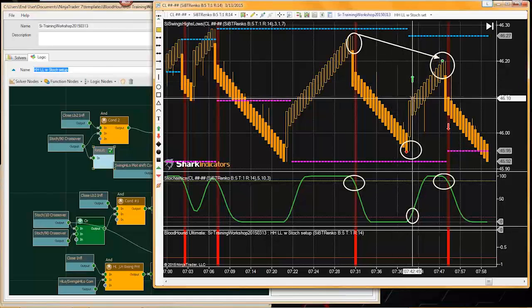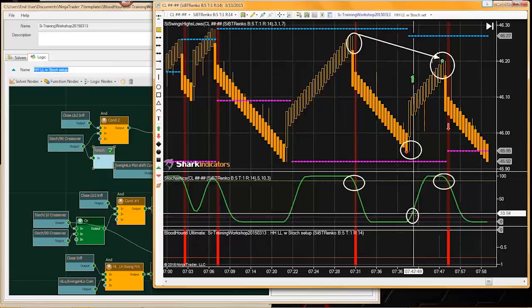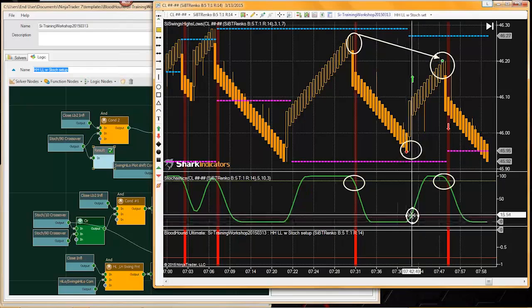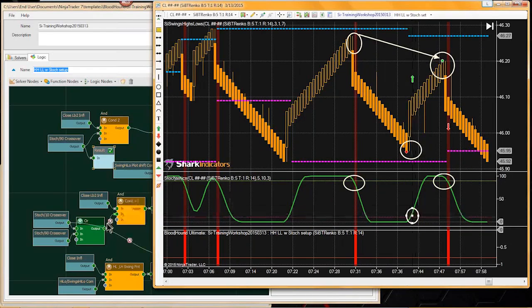So if we take a look at that crossover solver, for the short trade setups, it's not giving us our cross above 90 here. So how about if we do this?